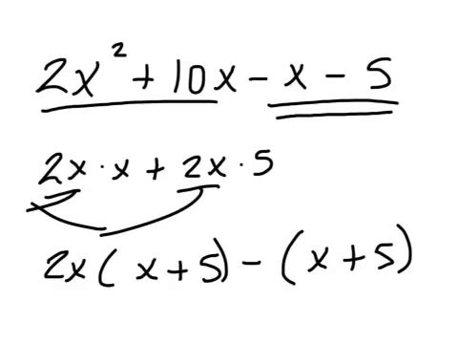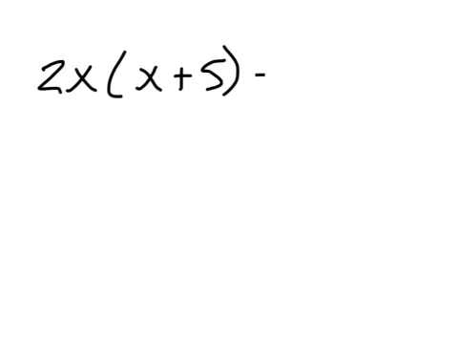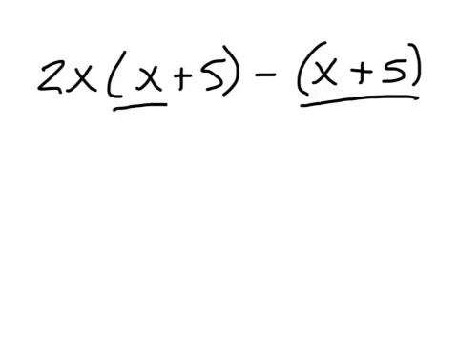So this looks again like another distributive property factorization. So these parentheses are important to remember because you want to treat the x plus 5 as a unit unto itself.